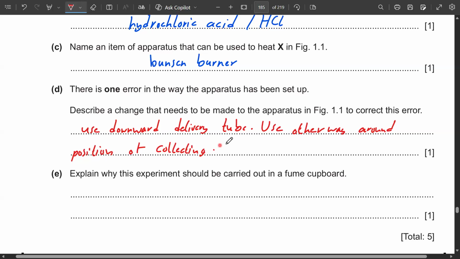You can use a gas syringe. You can use any of these corrections. I hope it's clear to everyone.